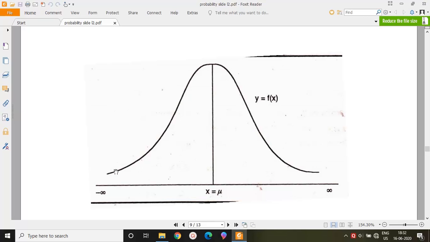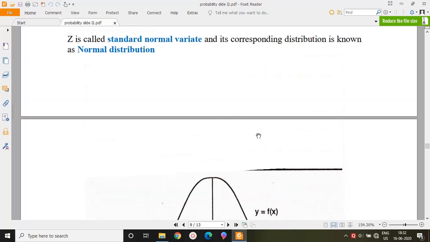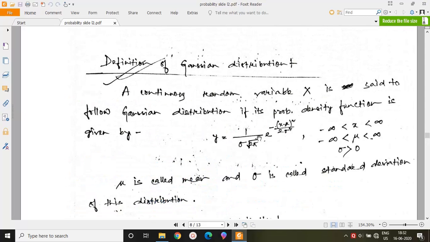Here the plot will be a bell-shaped symmetric curve which is symmetric about x equal to mu, from minus infinity to plus infinity. So this graph, which my mouse is now pointing to, is the graph for y equals 1 by sigma root 2 pi, this one.